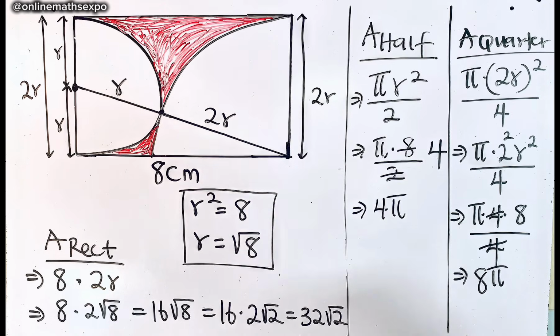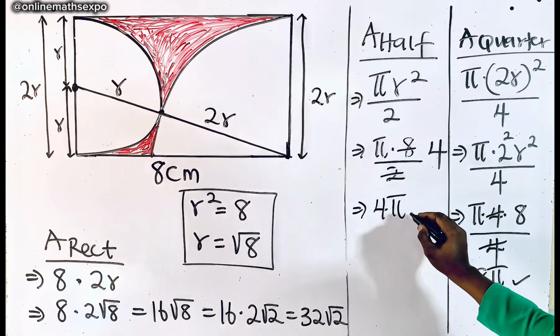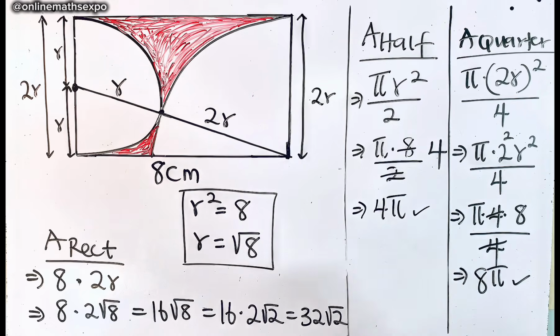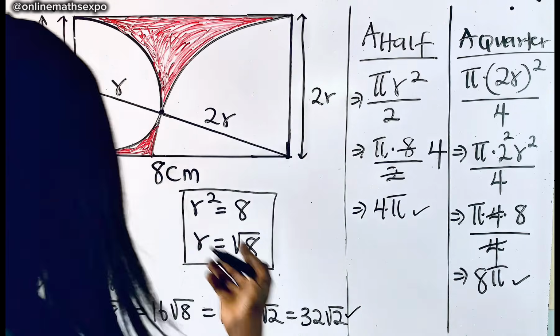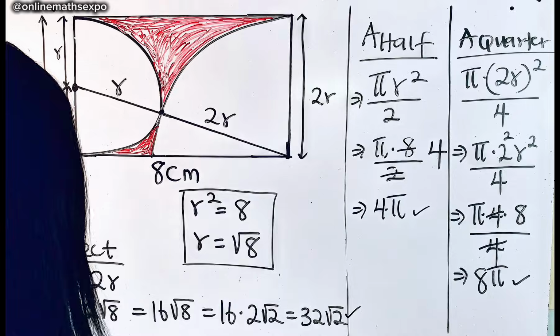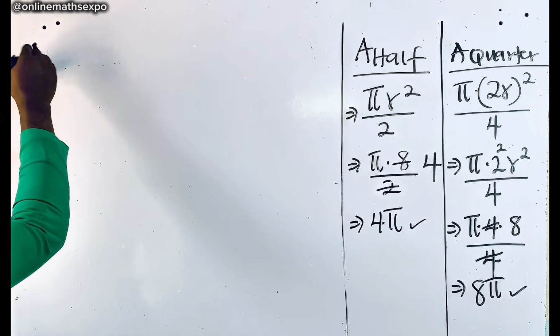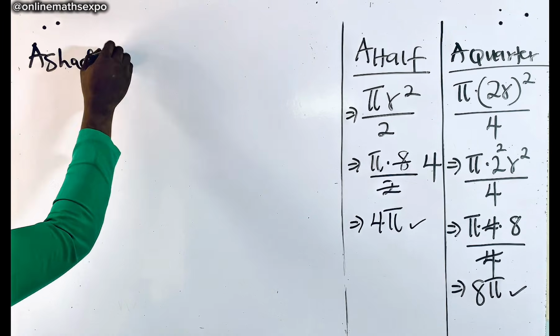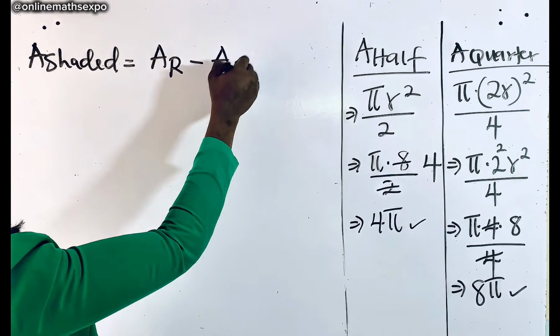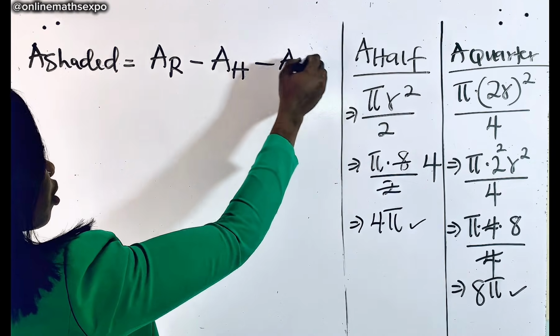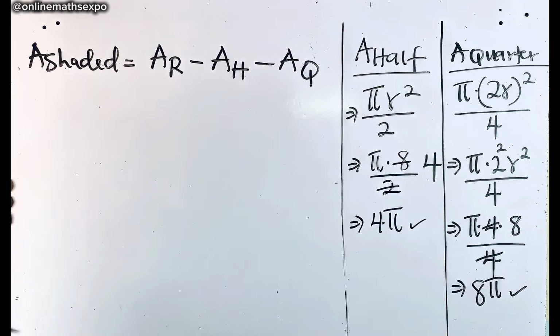Now you see that we have gotten the area of the quarter circle, the area of the half circle, and then the area of the rectangle. Let's subtract this together to get the area of the shaded. The area of the shaded, as we said, is area of rectangle minus area of half circle minus the area of the quarter circle.